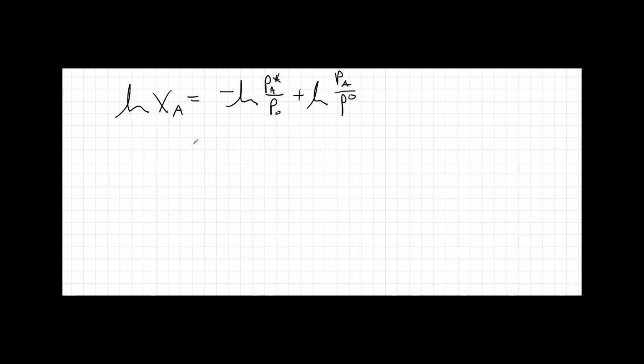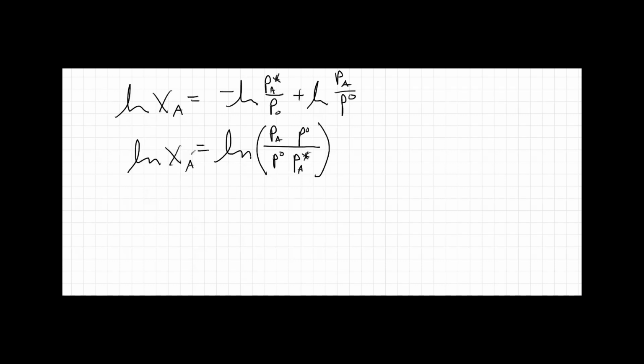And we can combine those logarithms, right? Since we're subtracting that logarithm from this, we have to divide the arguments. So we have PA over P naught, and then because we're subtracting, we have PA star on the bottom, and we have P naught on the top. We still have the log of the mole fraction over here.